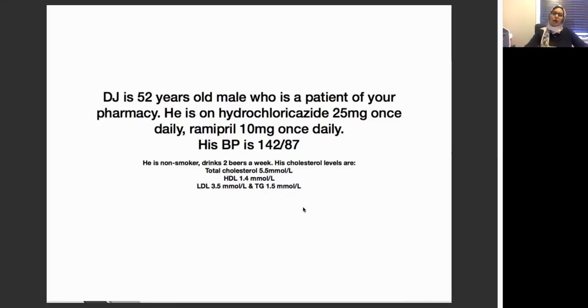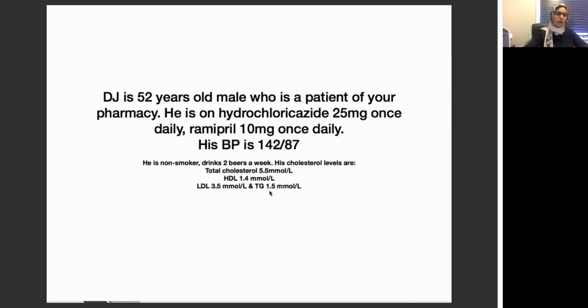So I need to look at that case, and for sure, from what I can see, there's something wrong here. He has high blood pressure measurements, although he is on blood pressure medications. He is drinking beer or alcohol, not too much, but we can consider that as well. And also the age, as well as the cholesterol levels.